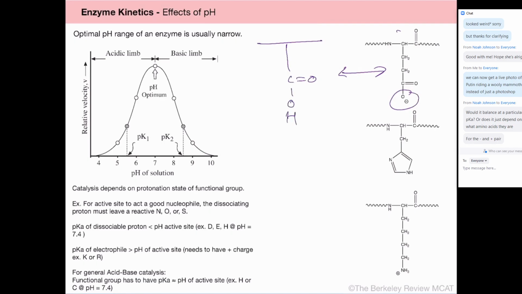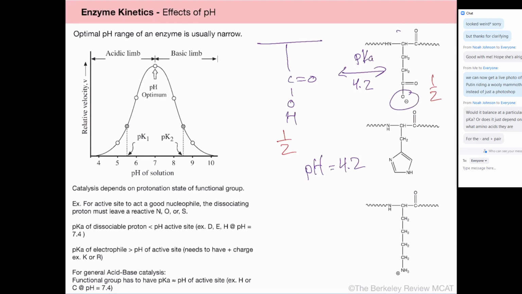This thing's going to have a pKa of around 4, I don't know, 4.2, I think I said. And so what that means is at a pH of 4.2, so if pH equals 4.2, then half of the molecules are going to be protonated and half of the molecules are going to be deprotonated.